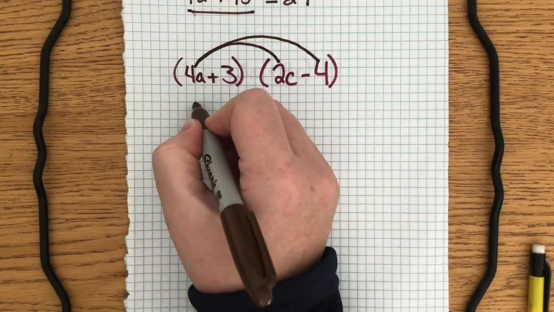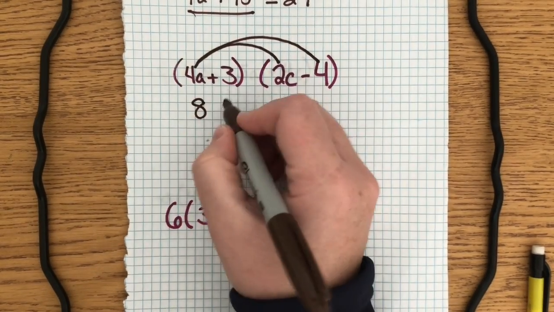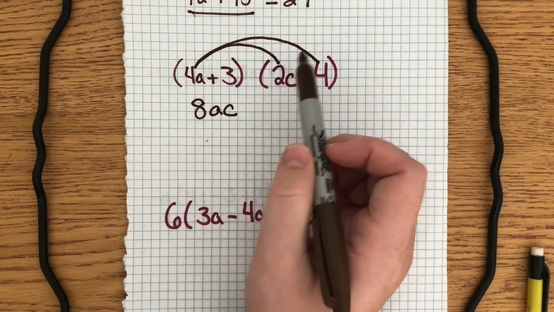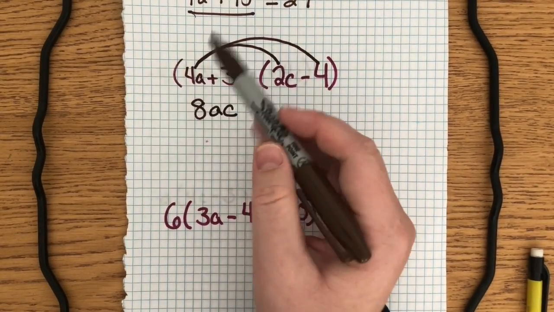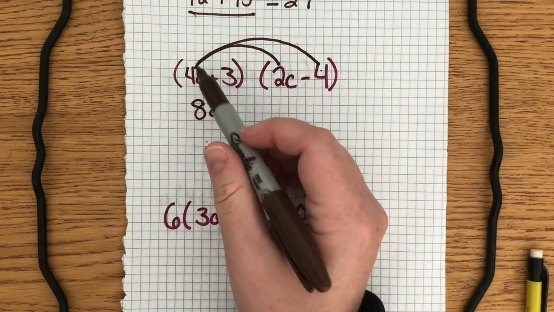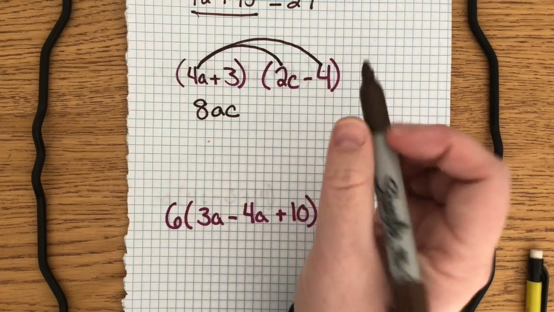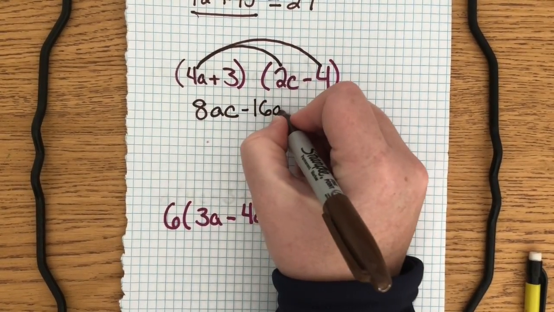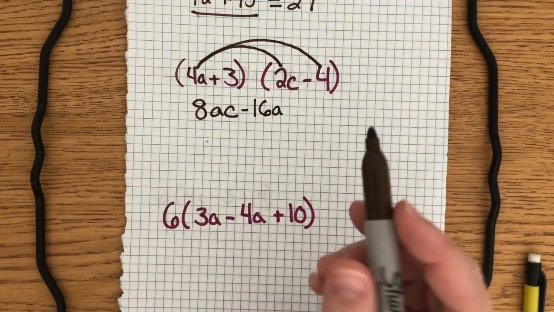Well, 4 times 2 gives me 8. The variables have to come along. So this is 8ac. Now I'm taking the 4a and going to the next term. 4a times negative 4, that is negative 16, and I've got to include the variable.